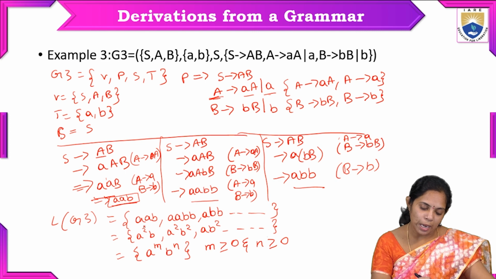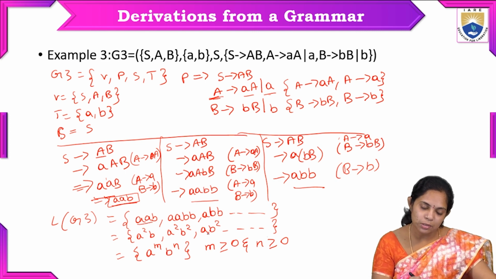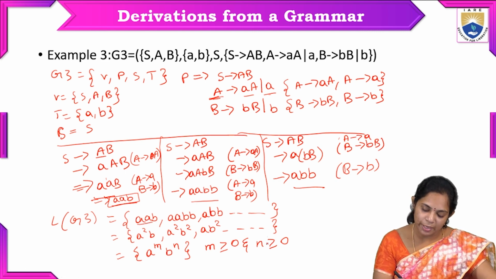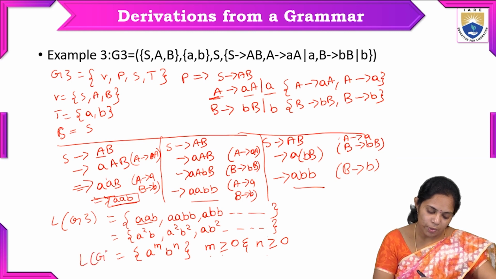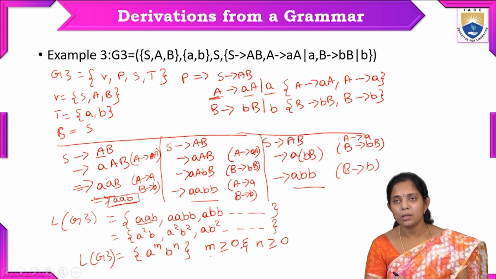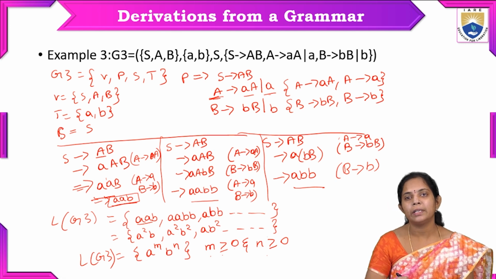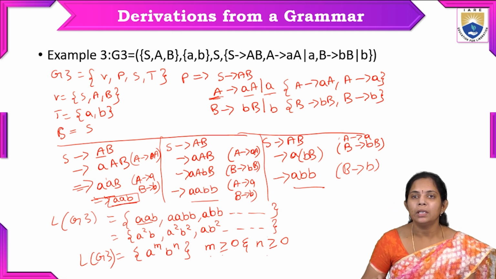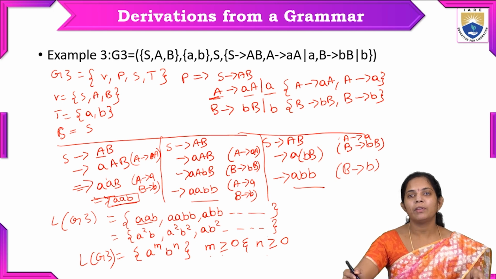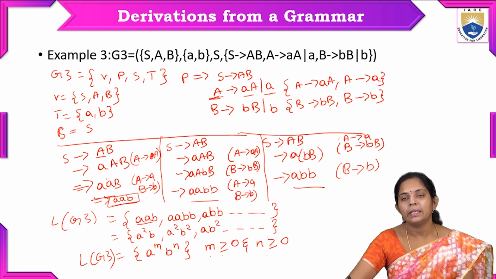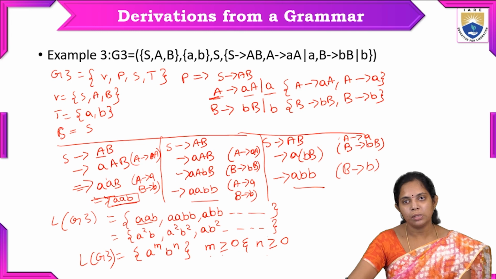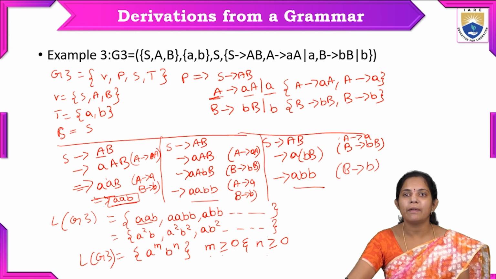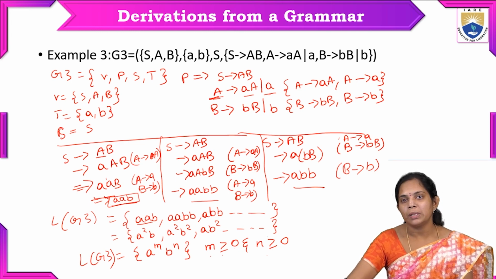So it always has at least one A and one B. So we will write it as A power M B power N, where M greater than or equal to 0 and N greater than or equal to 0. This is the language which is formed from the given grammar. This is how we have derived a language from the given grammar. A grammar has four tuples, and in that we have the production rules. Based on the production rules, we derive the language from the given grammar.